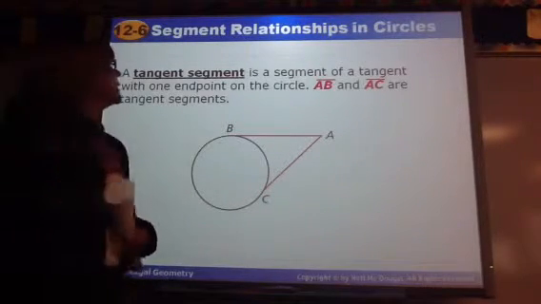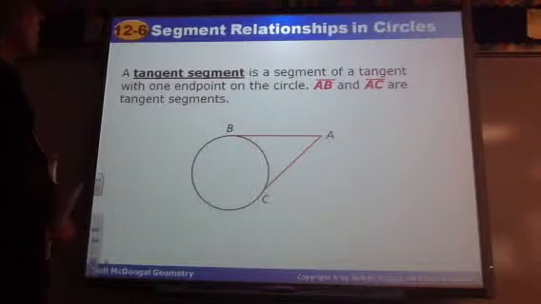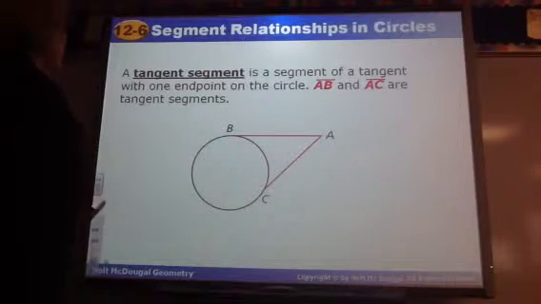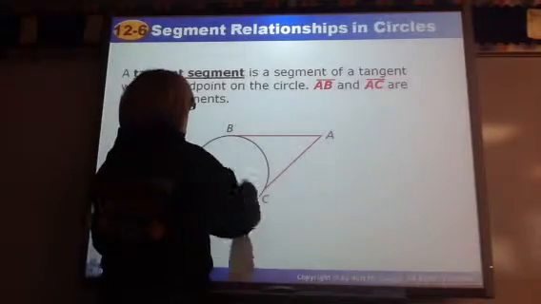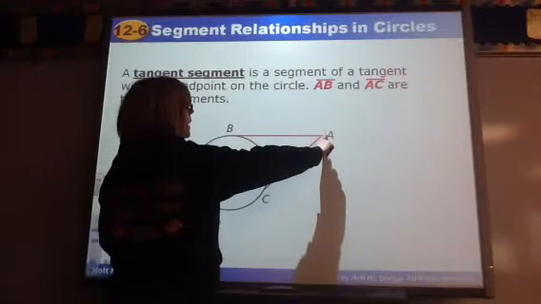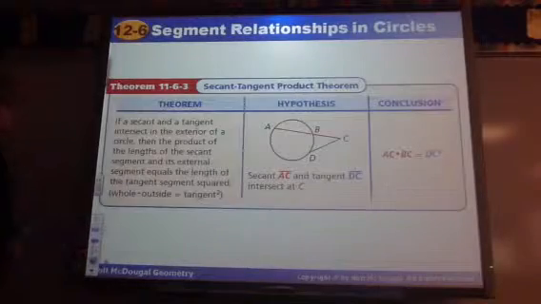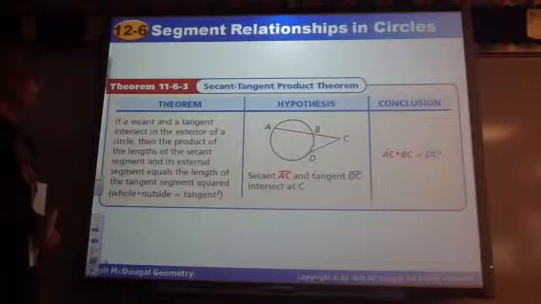Okay, a tangent segment is a segment of a tangent with one endpoint on the circle. Segments AB and AC are tangent segments. So a tangent with one endpoint on the circle, and they intersect exterior, outside that circle. So we have a theorem to go with this one.